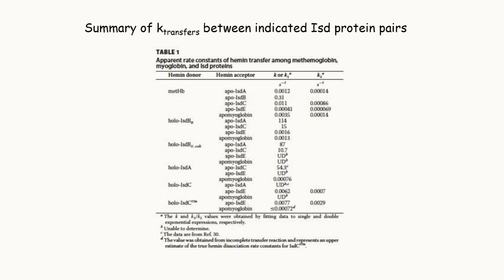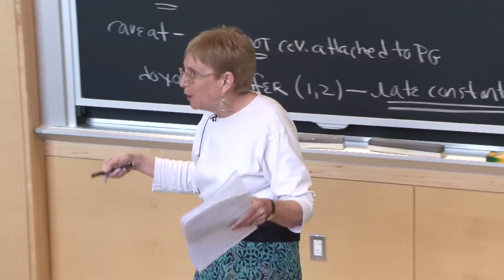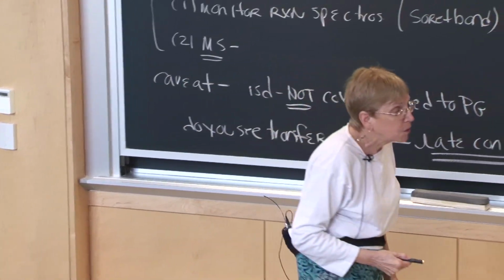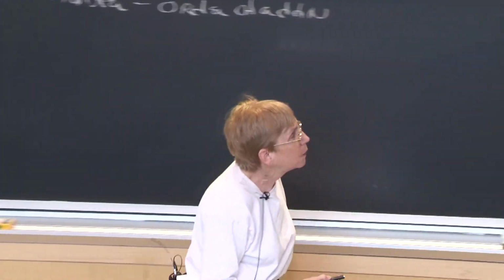So they've done it with every single pair in this particular paper, and they've done all the experiments the same way, been able to see differences in Soret bands. These were all done with changes in the spectra, the visible spectra.